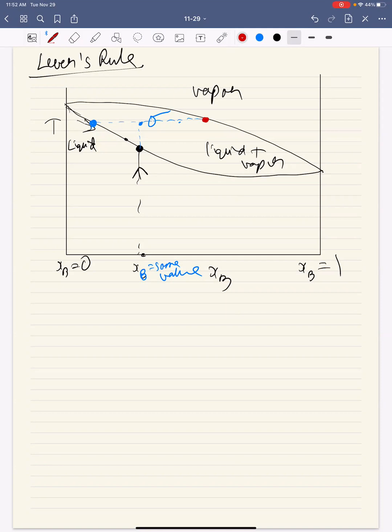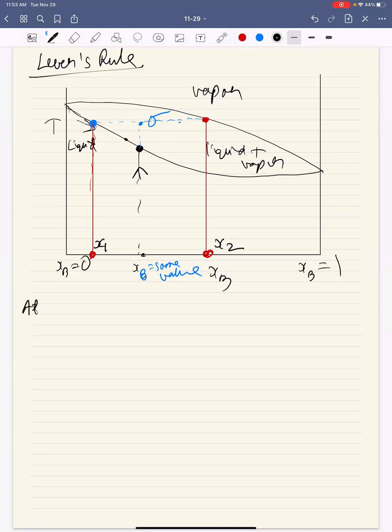Okay. So this is the concentration, let me draw a straight line, of the liquid that forms. And this is the concentration of the vapor that forms. Let's give both of them names or values. Let's call this particular concentration X1 and this particular concentration X2.